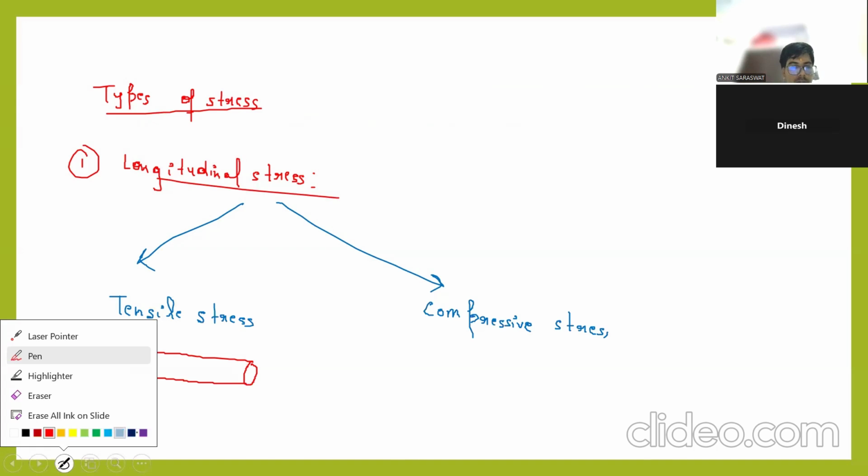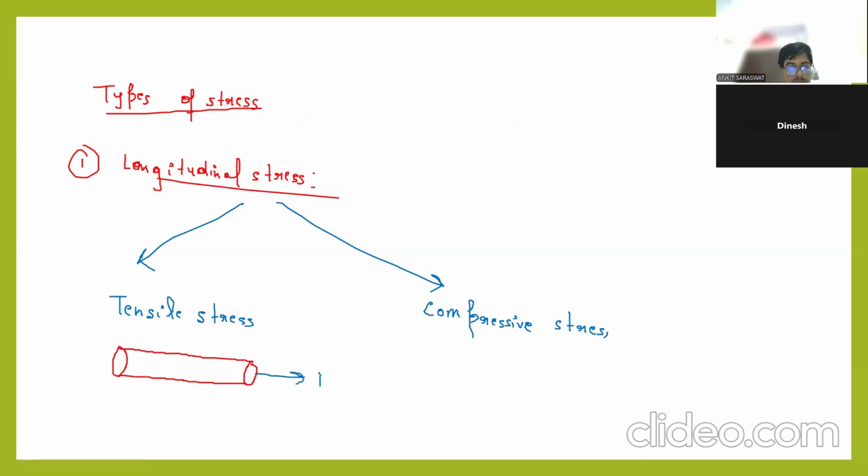You are pulling from here, you are pulling from here. This is the area of cross section. Then when you are applying, inside restoring force will develop, which will restore. This is known as tensile stress.